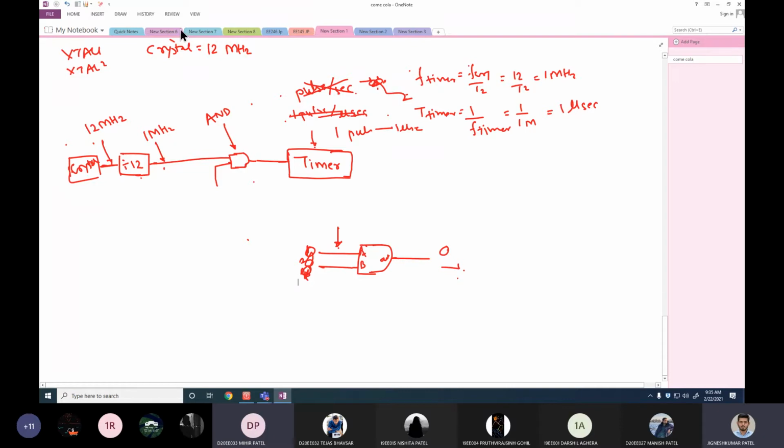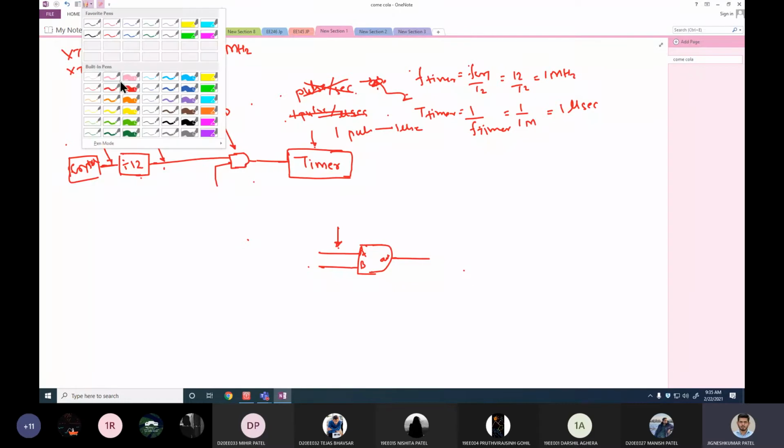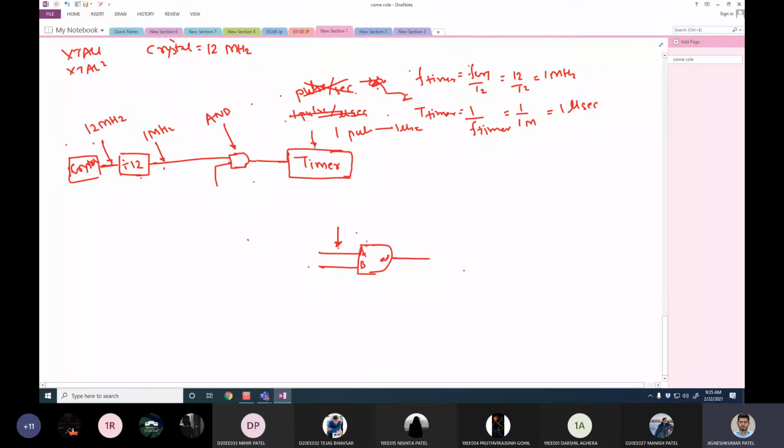Now the question is, what if I provide frequency over here? Let us say I am inputting a frequency over here like this. Let's say this frequency is 1 megahertz, and the other bit is 0. What would be the output? So it will still be 0.